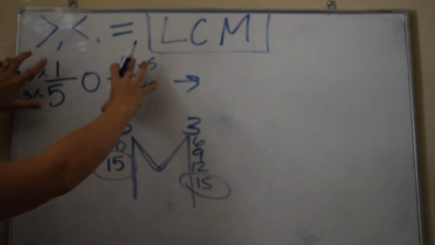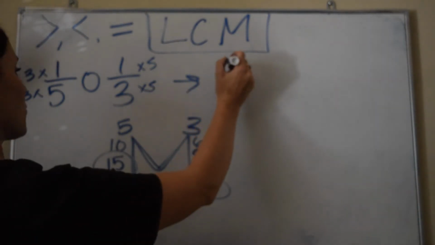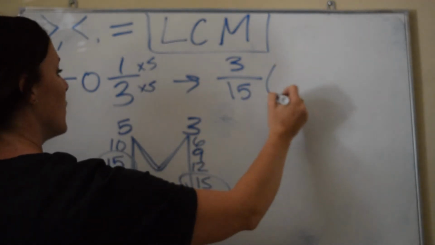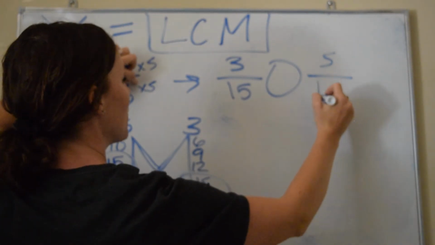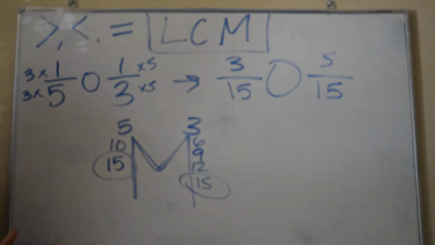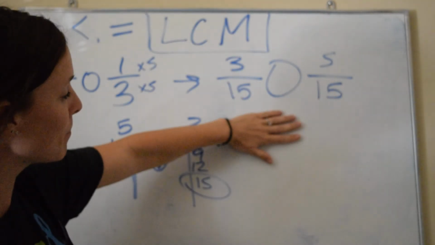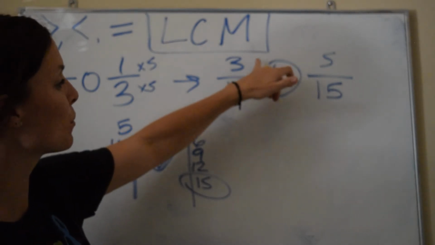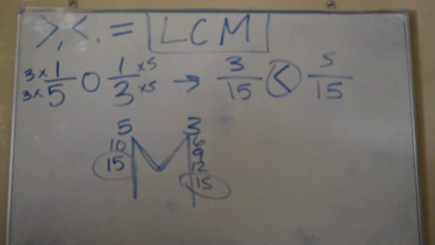So now you multiply and you get your new fractions. 3 times 1 is 3, and 3 times 5 is 15. 1 times 5 is 5, and 3 times 5 is 15. Now I can compare. So notice the denominators are now the same. That was what our least common multiple was. And now I can say, what is 3 compared to 5? It's less than, so our less than symbol will go in.